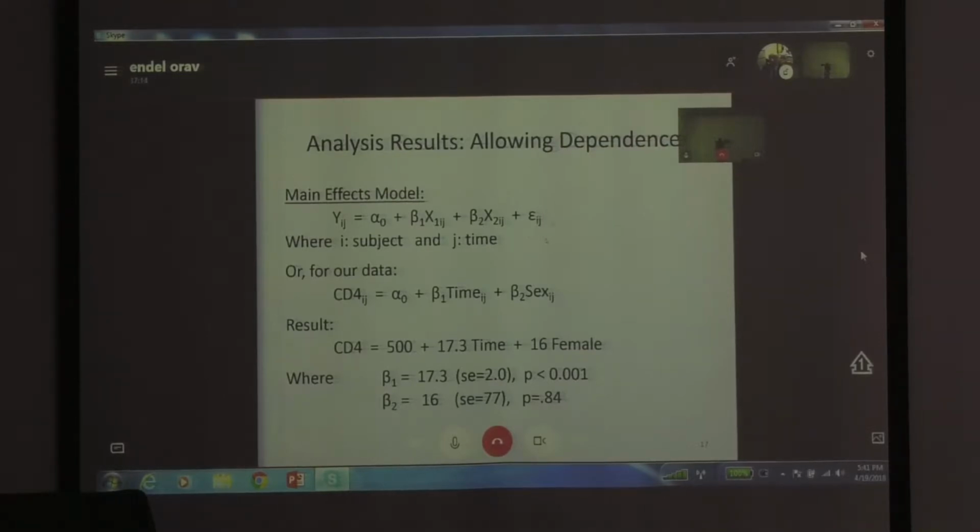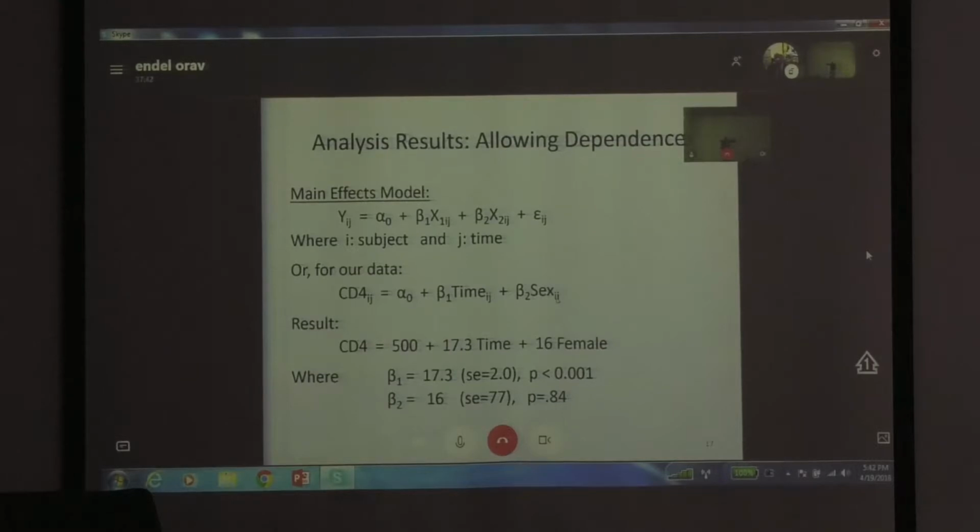But fortunately, you don't really need to worry about writing down the model as long as you sort of understand the jump from the previous model to this model. We're going to interpret things pretty much the same. The CD4 count for the first person at time 0 is intercept plus beta 1 times time 0, which is 0. Times the gender of that person, which is not going to change over time.